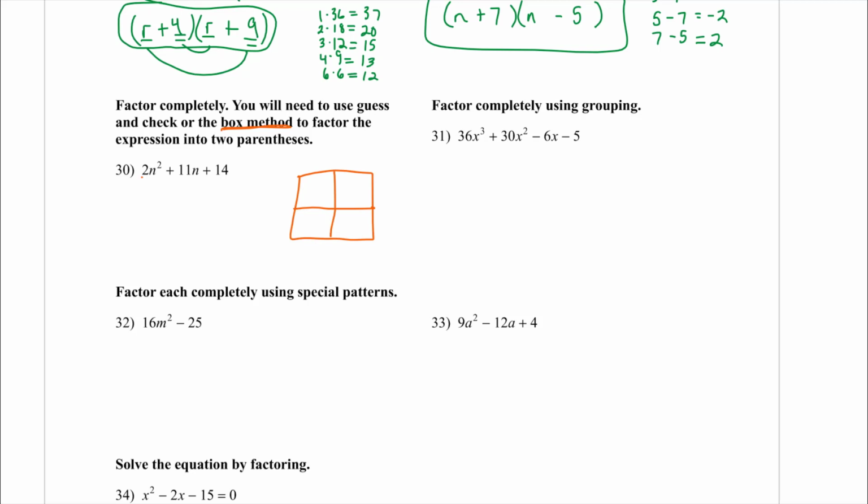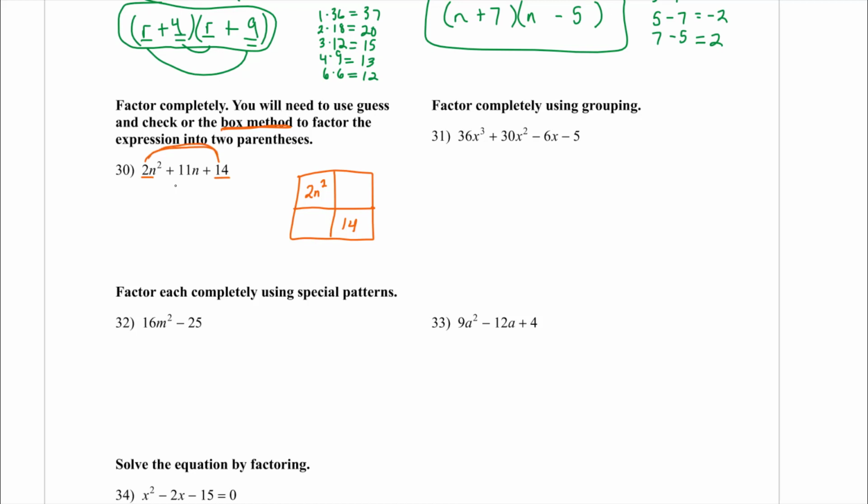To fill in the box, we put the 2n squared in the top left, and we put the 14 in the bottom right. And then the 11n is going to go in these two diagonals, but we have to split them up so that they add to get 11n. And the way we decide how to split them up is what's different from what we did earlier.